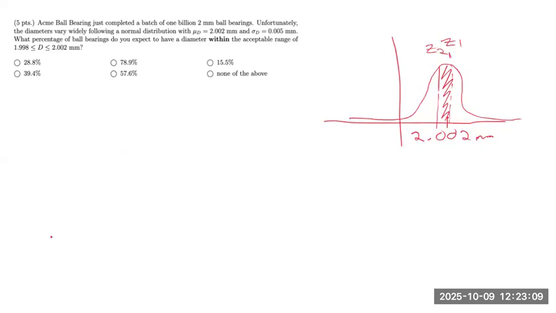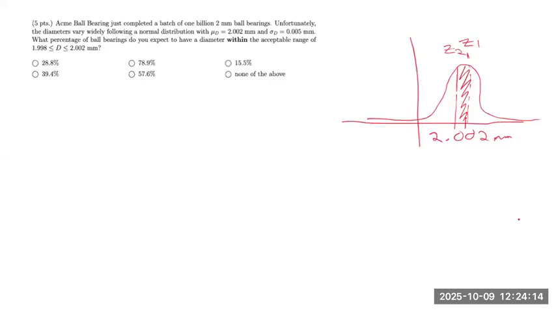So the z-score for the mean is always going to be 0, I think, but let me double check. We have an equation sheet here. Actually, I don't believe it's on the equation sheet, but basically the general equation for the z-score is going to be x, which is the statistic, minus the mean, over the standard deviation.